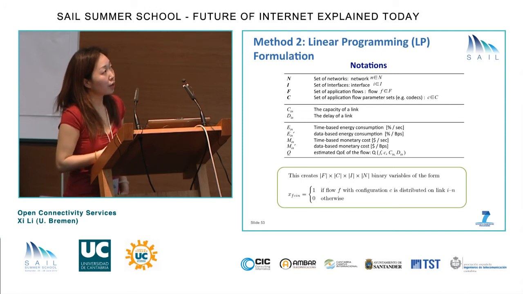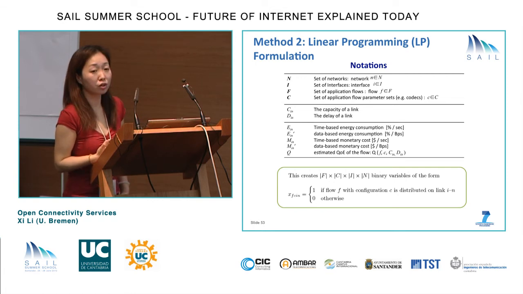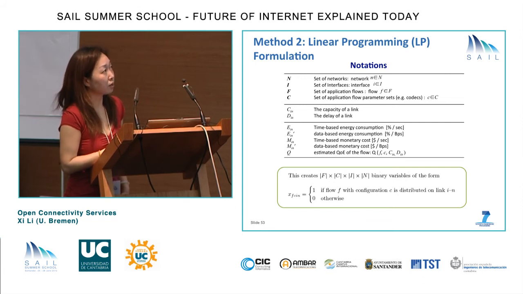And then to evaluate the user performance, we also introduce the following parameters. The first two describe the energy consumption in terms of how much time this network is selected, and how much of the capacity is used in this technology.